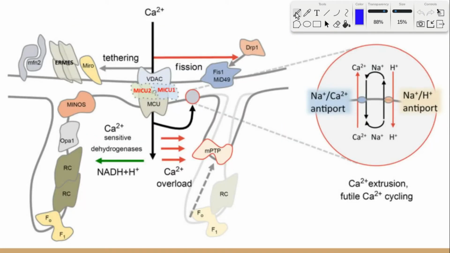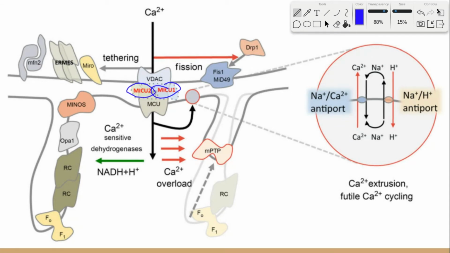This figure gives us another close-up of the mitochondria, showing us many of the relevant players in calcium transfer. So calcium enters through the VDAC channel, which is linked up with MCU, right? Mitochondrial calcium uniporter. And between we have these MICU1 and MICU2 regulatory proteins.